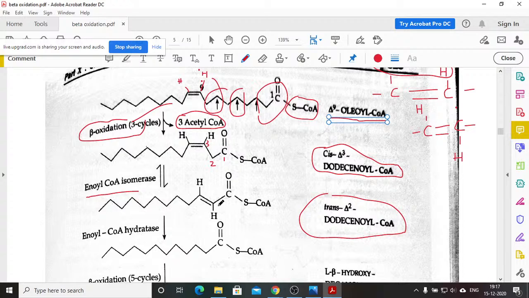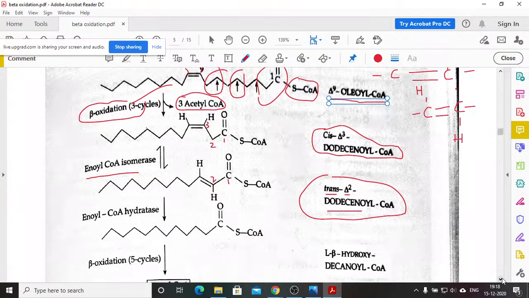So a trans configuration takes place. But now the double bond has shifted. This is carbon 1, this is carbon 2. So the double bond starts from carbon 2. This was delta 3, now trans delta 2 dodecanoyl CoA is formed.